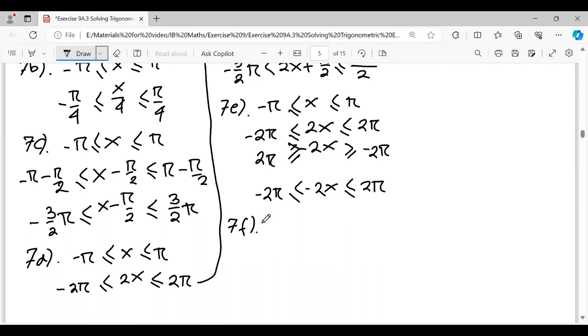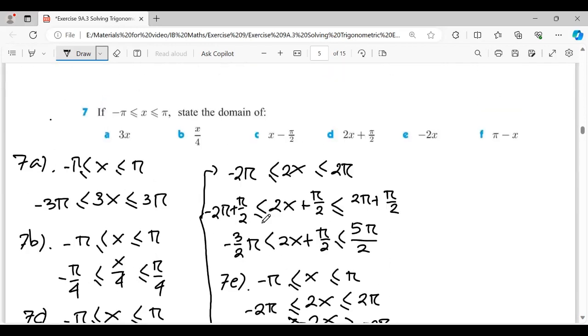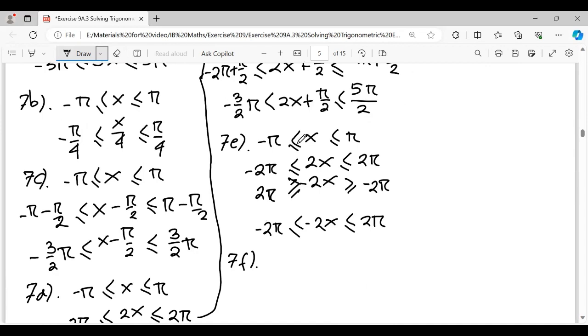7f. Pi minus x. Okay, if x has negative pi here and pi here, the interval, pi minus x, it means pi minus pi.